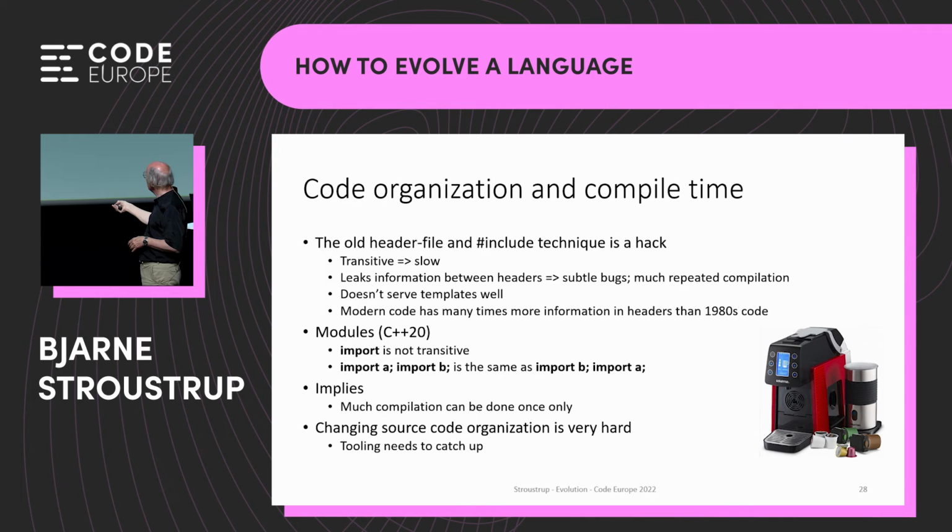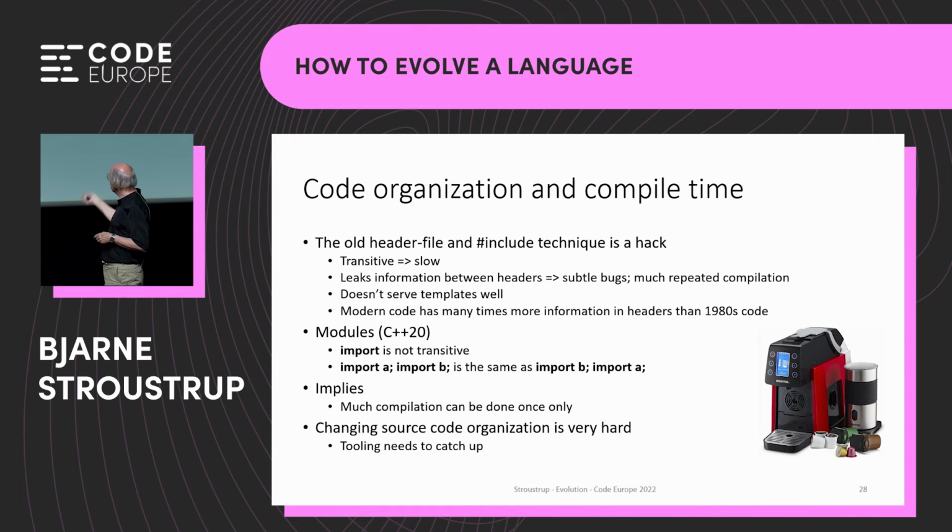Import followed by another import is the same as the opposite order. We can now compile modules in isolation and use them in any order. And that basically means that you can do a lot of computation once only. And that is important.